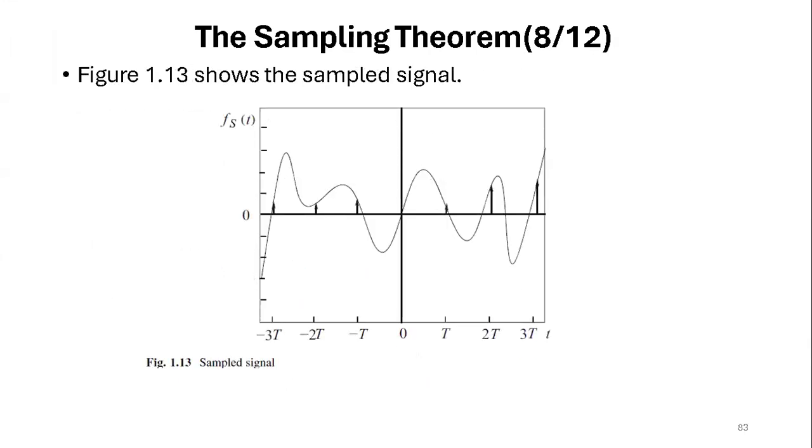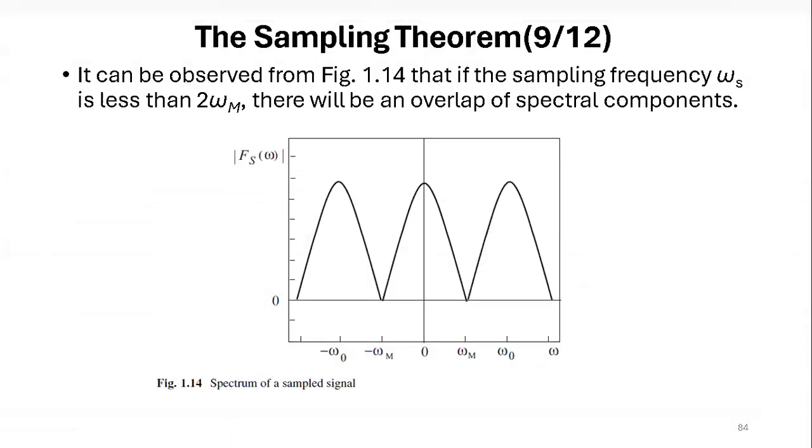Figure 1.4 shows the sampled signal spectrum. It can be observed from figure 1.4 that the sampling frequency omega_s is less than 2 omega_m. Can there be an overlap?